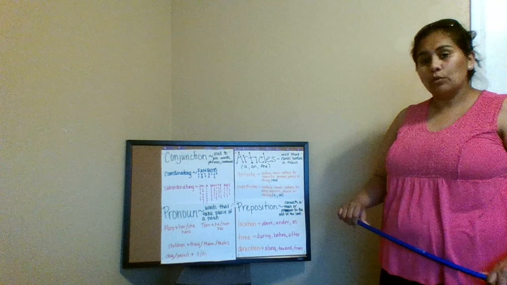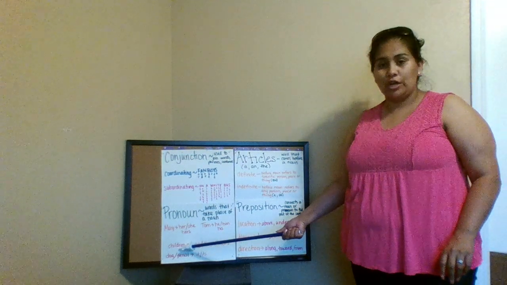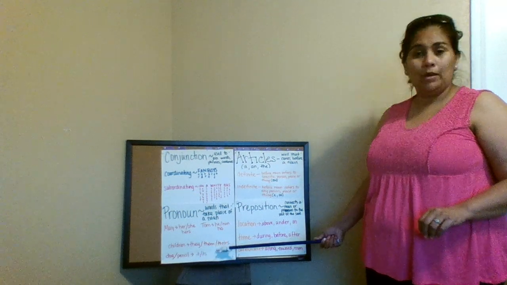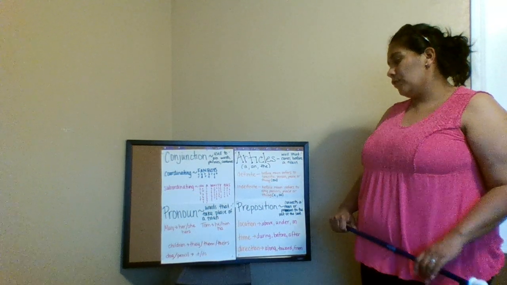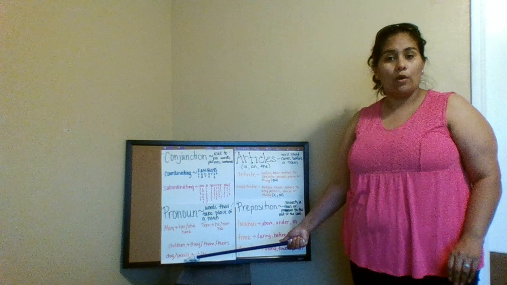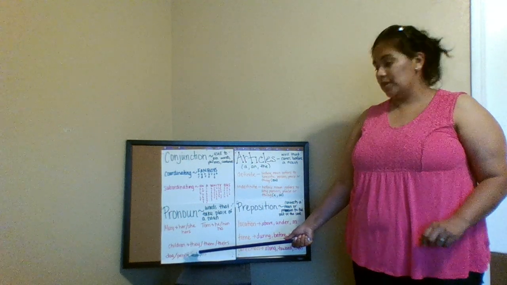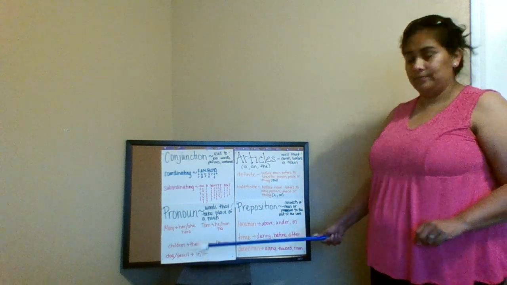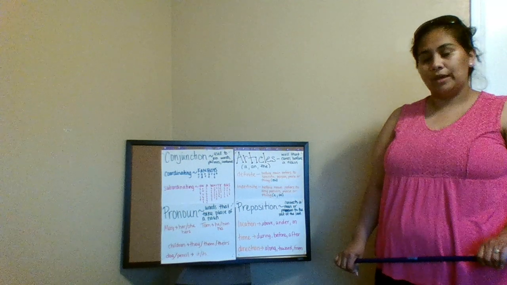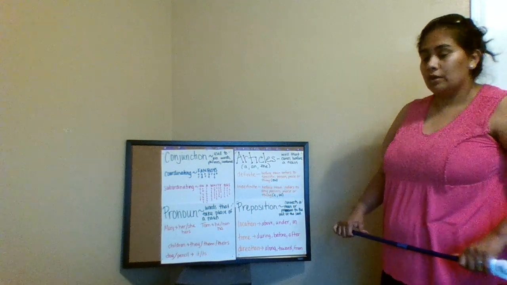If we have a group, such as children, we would replace children with they, them, or theirs. If we have an animal or an object, such as dog or pencil, we would replace those with it or its. We are going to be going over specific types of pronouns in another video.